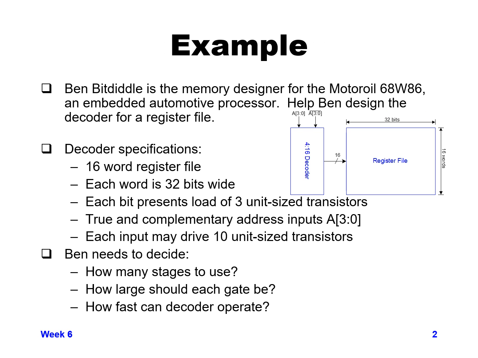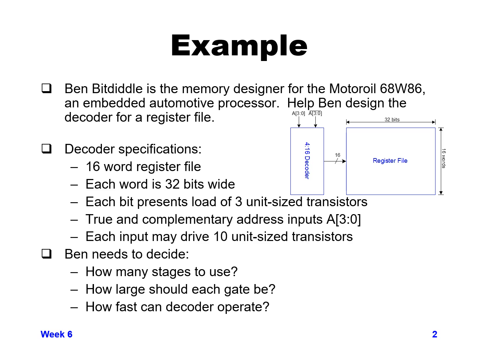So here's an example of a type of circuit function that you might need to design in the future. We have Ben, who's a memory designer for a motor oil embedded automotive processor. And we're going to help him try and choose the design for a decoder of a register file.